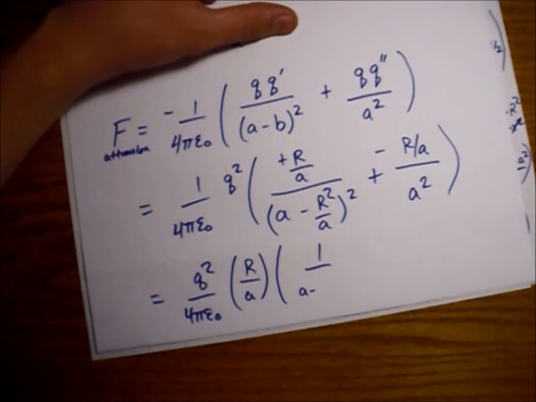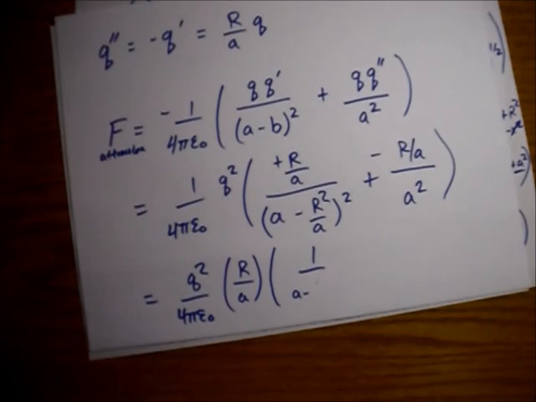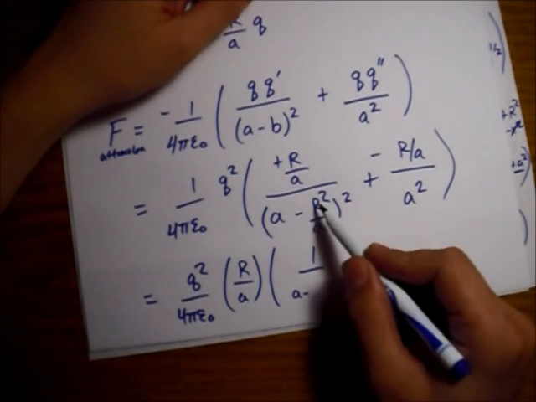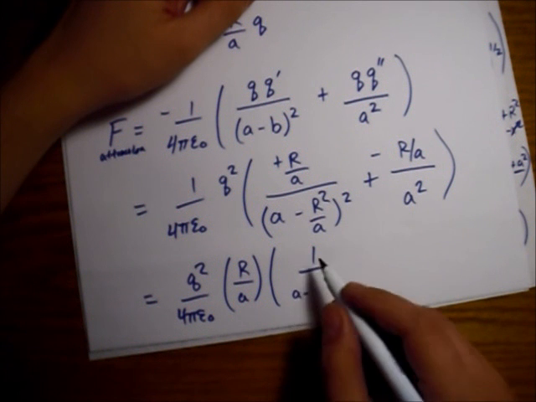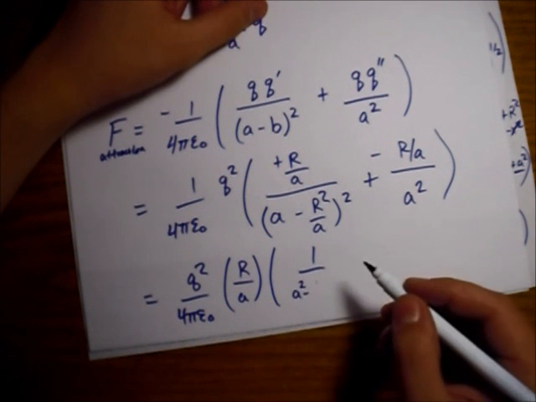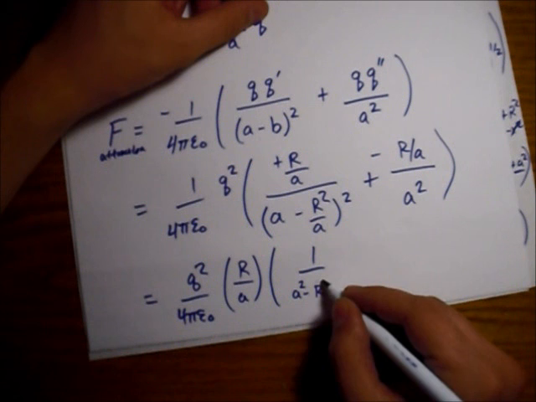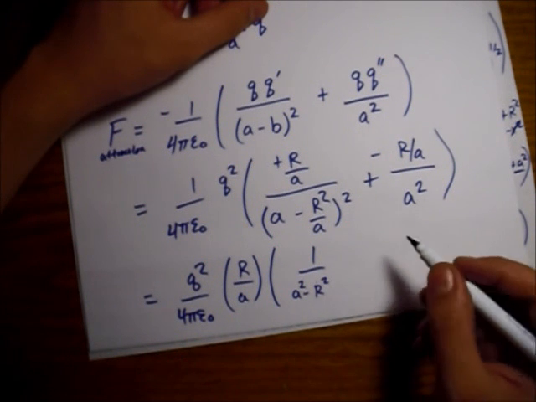And then, let's see, how should we do this? Alright, so we're going to factor out this 1 over A. So we have an A squared here minus an R squared.